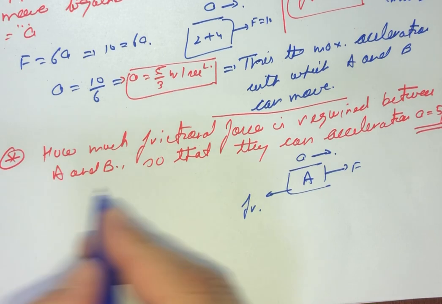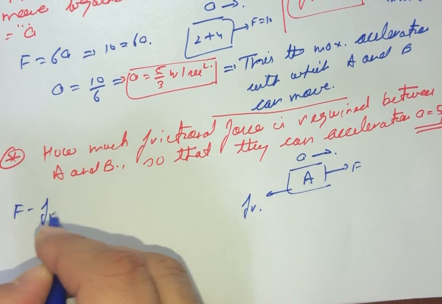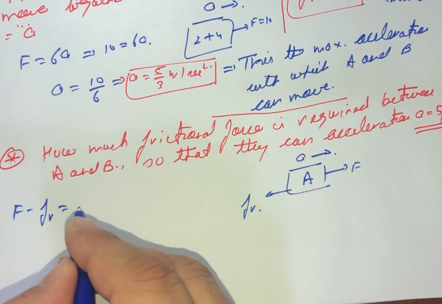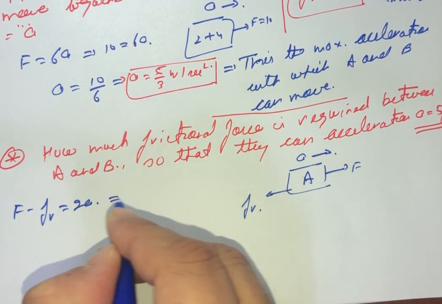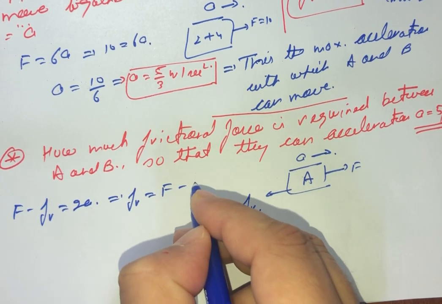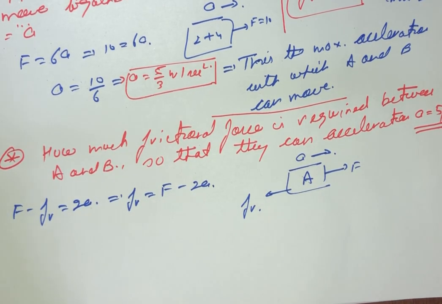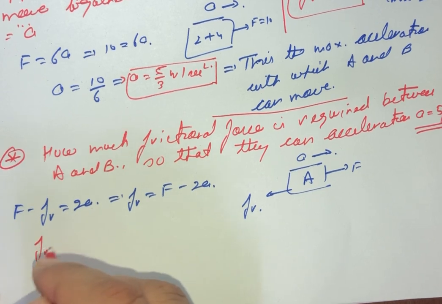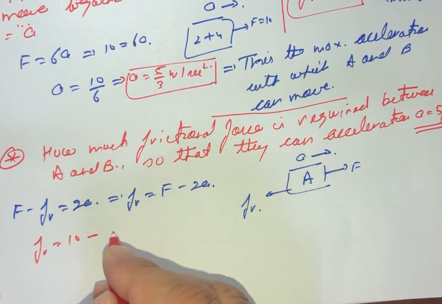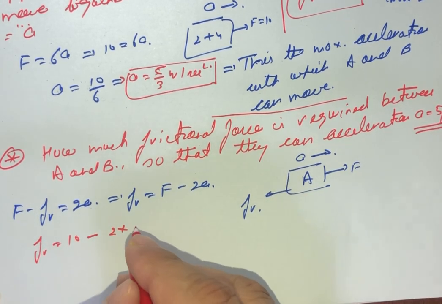So the equation comes as F minus Fr is equal to a, our mass is 2 kg, so this will be 2a. So Fr will be equal to F minus 2a. Applied force is 10 Newton, so minus 2, and acceleration 5 by 3.